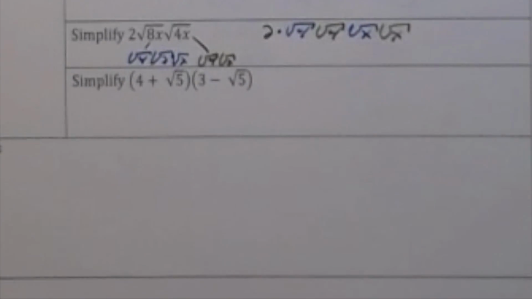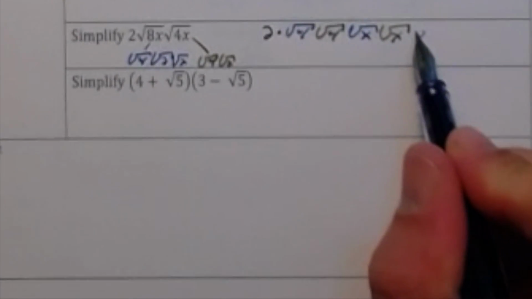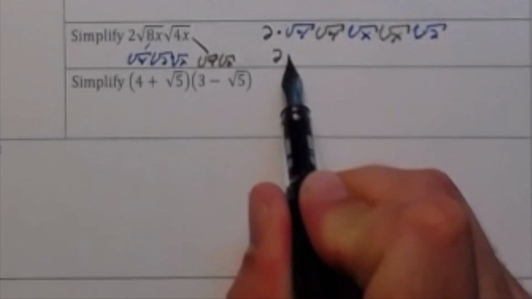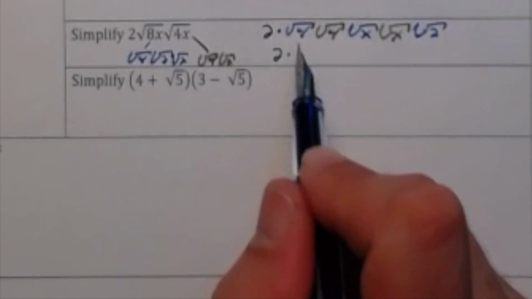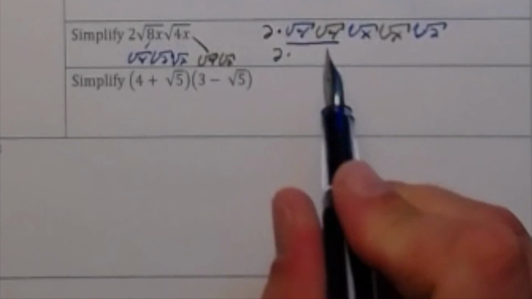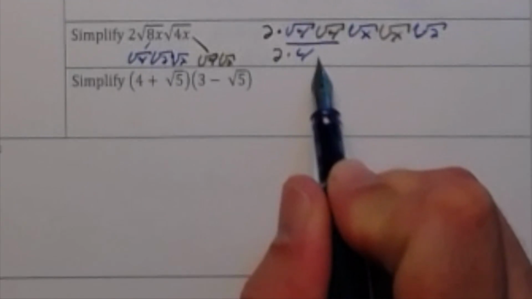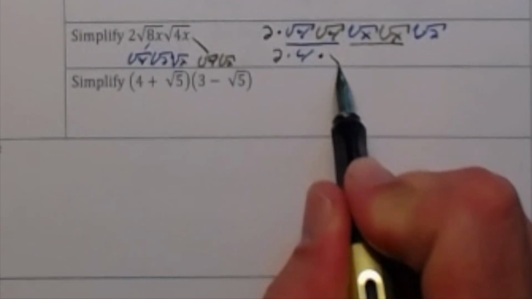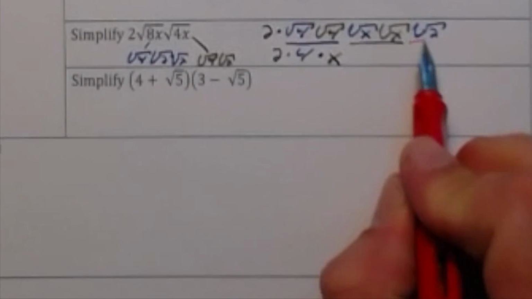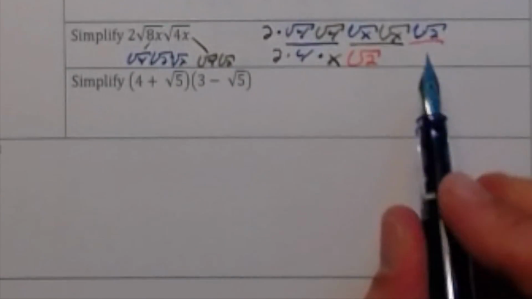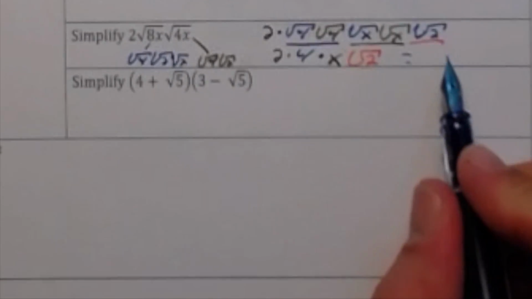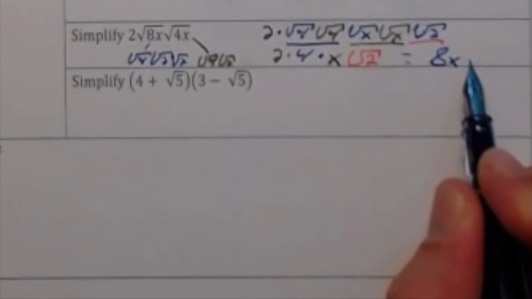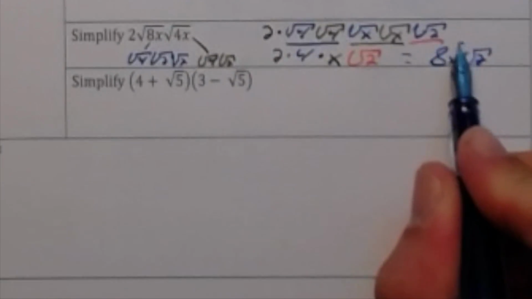A radical 4 times radical 4 is radical 16, and the square root of 16 is 4, and radical x times radical x is radical x squared, and the square root of x squared is x. So I can get 2 times 2 times x times radical 2. And when I combine my like terms, my 2 times 2 gives me 4, so I get 4x radical 2.